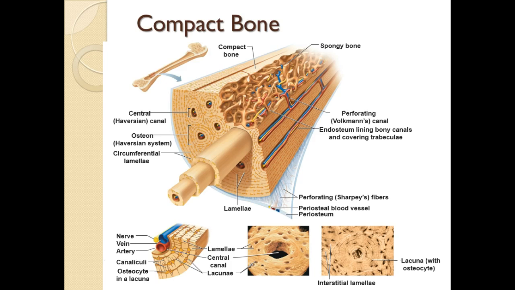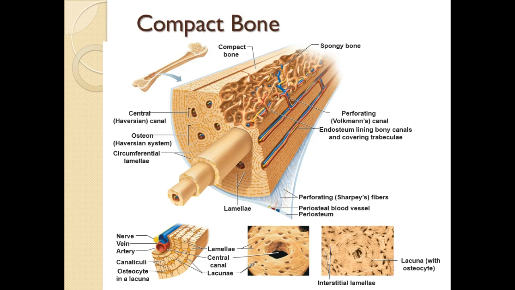You can see it better on the picture at the bottom. And notice between each lamella, you have little spaces, which are called lacuna. So notice the picture at the bottom, so that you can see it more clearly.